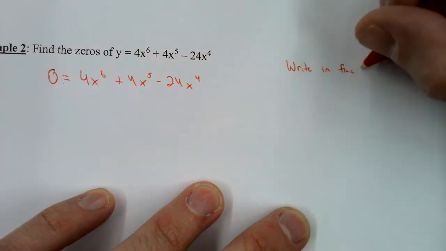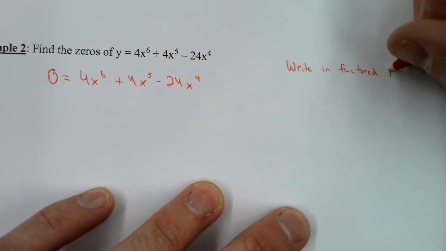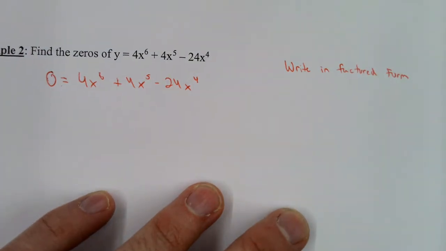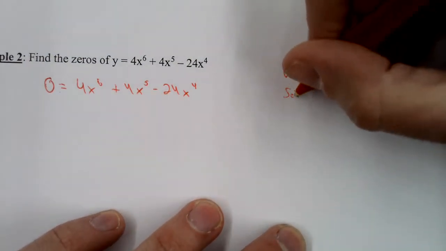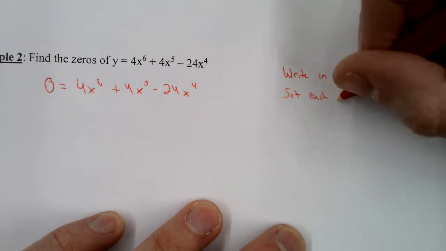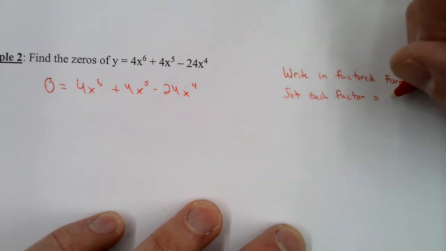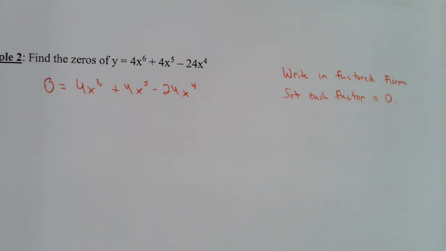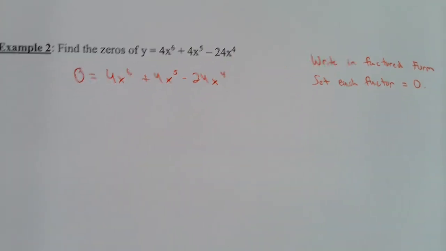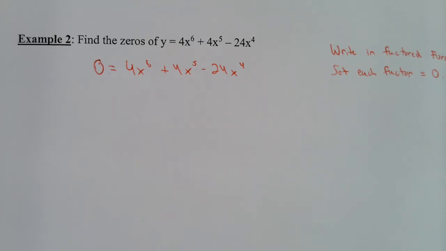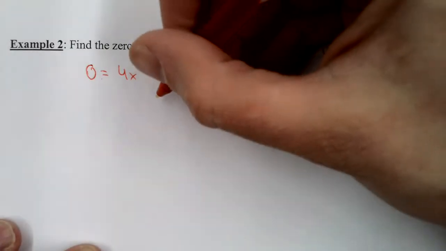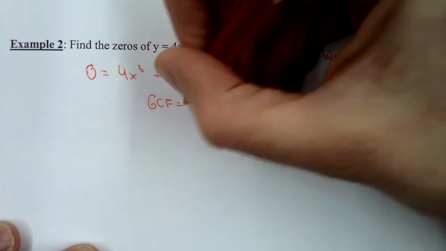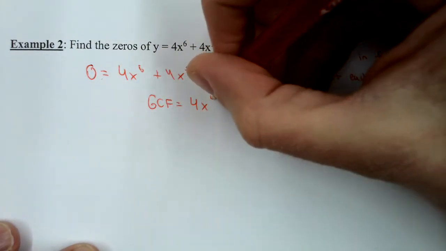Write in factored form and then set each factor equal to 0. So how are we going to factor this? You're going to take out a GCF first. The GCF is going to be 4x to the 4th power.